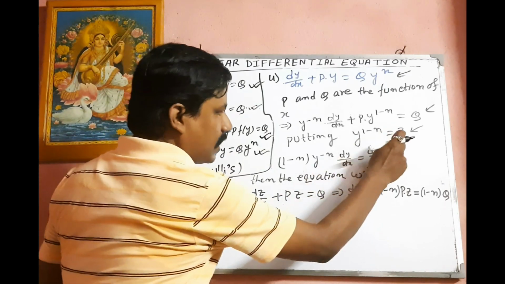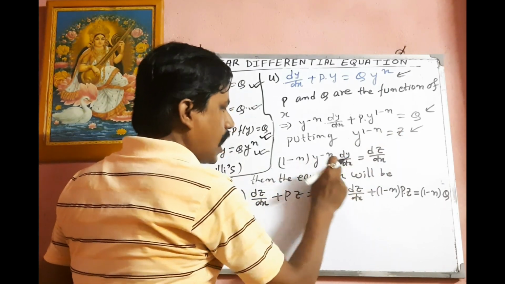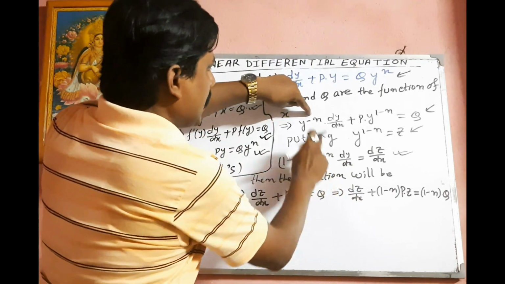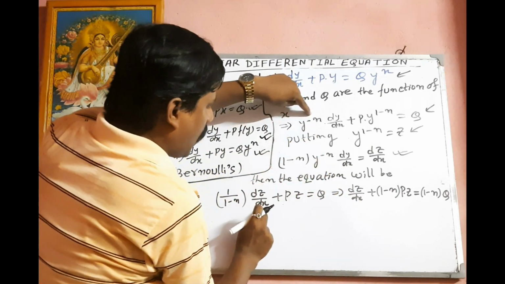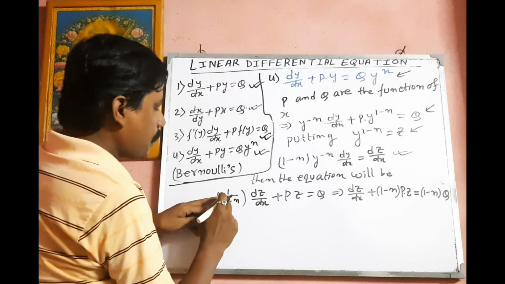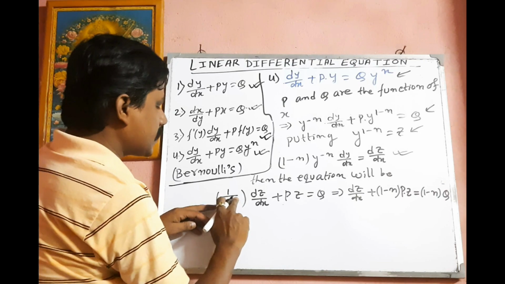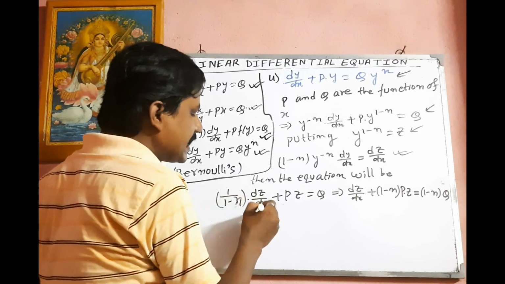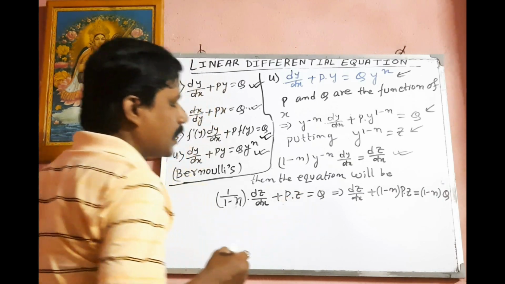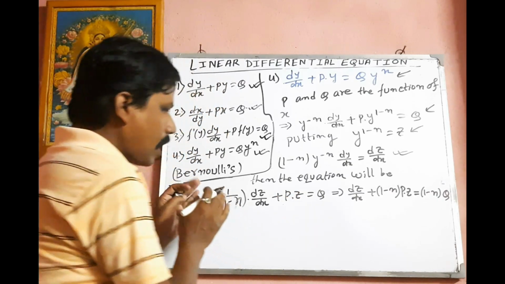Then after differentiating this part and putting it in equation number 1, this equation will be modified as 1 by 1 minus n times dz by dx plus p into z equal to q.